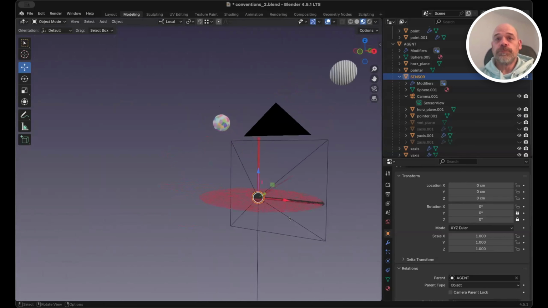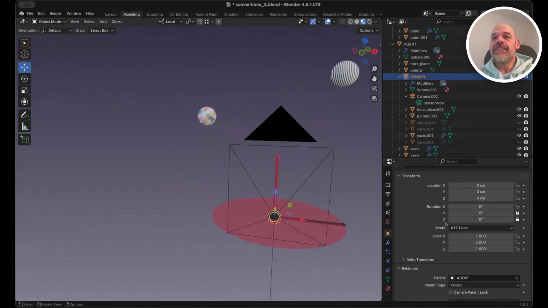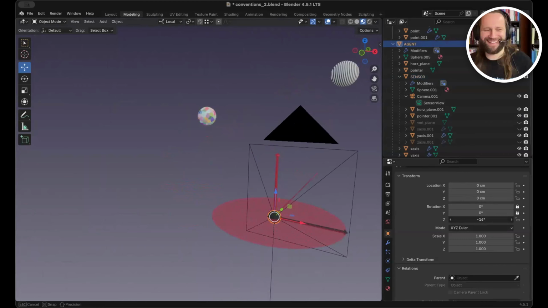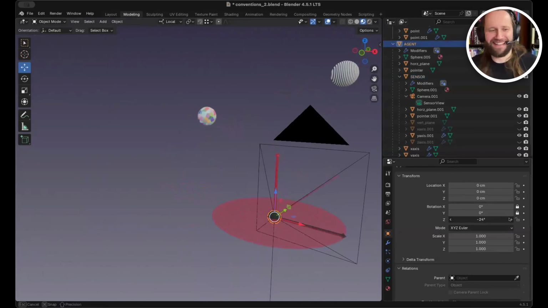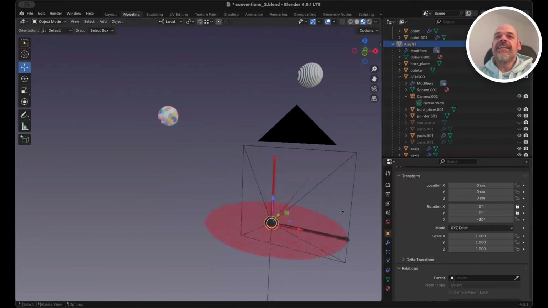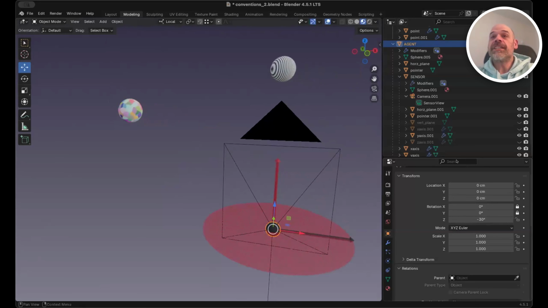So I'm going to yaw the agent, because the agent yaws. I am the agent who yaws. We're going to go 30 degrees in this direction, and then pitch up the sensor.